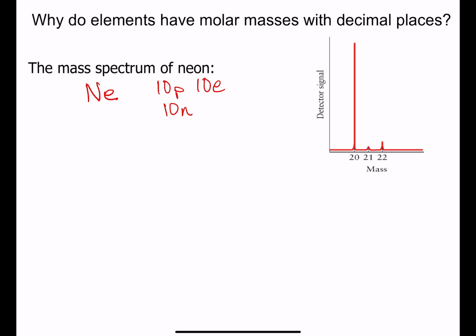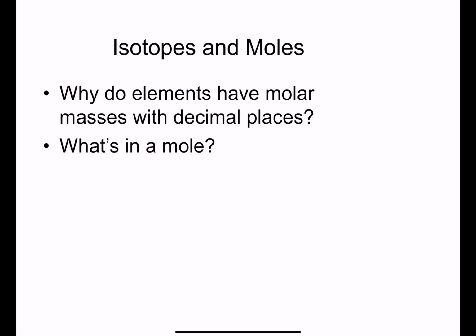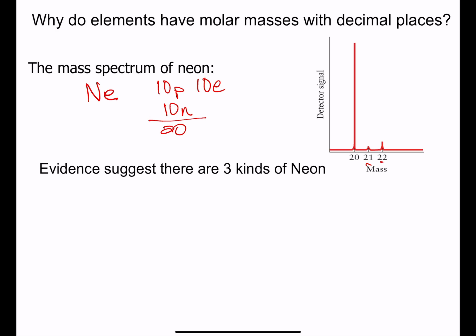We could have 10 neutrons, and that would give us an atomic mass of 20, or I could have 11 and get 21, or I could have 12 and get 22. So this is evidence that there are actually those three kinds of neons with three different masses. So we call these isotopes.